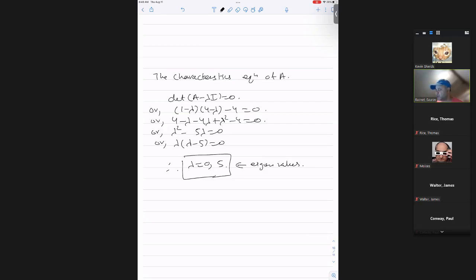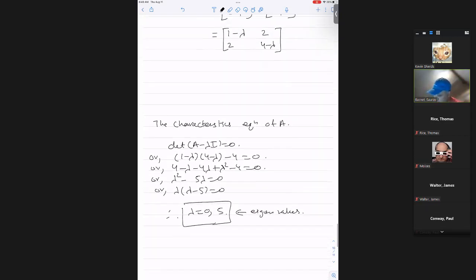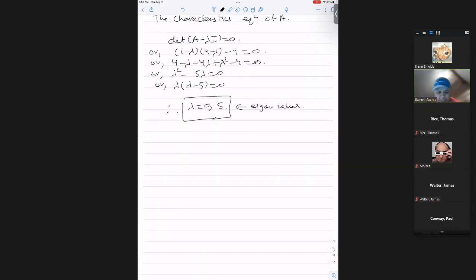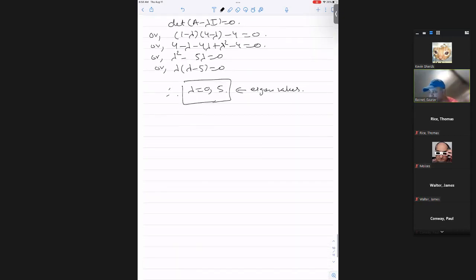Okay. Now we need to find the eigenvectors corresponding to these two eigenvalues. It may be like 10 points for the eigenvalues, and finding the eigenvectors may be like 15 points. This is easier; finding the eigenvectors is a little more tedious.